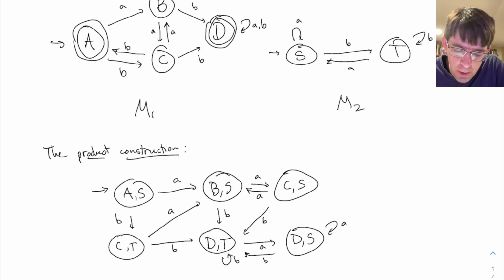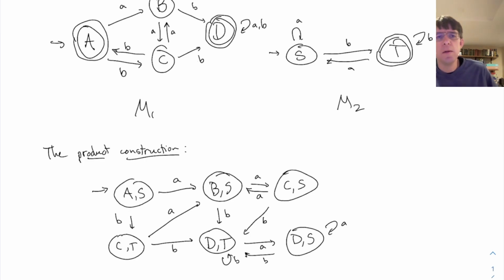Well, remember the whole point of this machine is it's supposed to accept any strings which are accepted in the first machine and also in the second machine. Here's another typo, sorry. Did anyone notice there are no accepting states in the second machine? It's not relevant until now, but I meant for the T state to be accepting. Sorry about that.